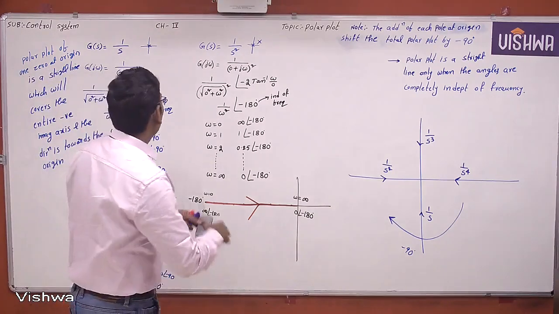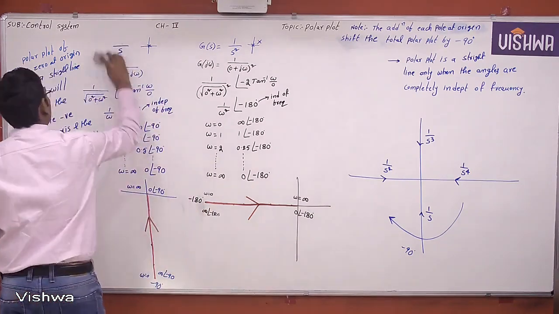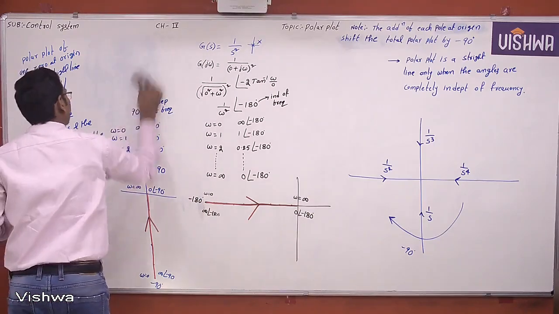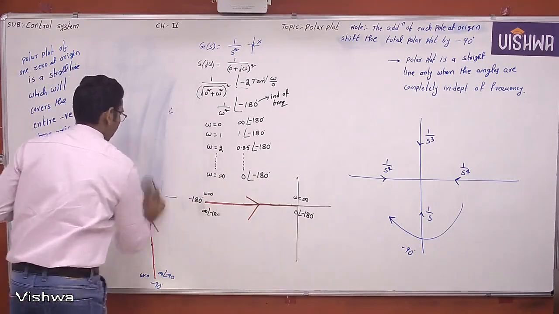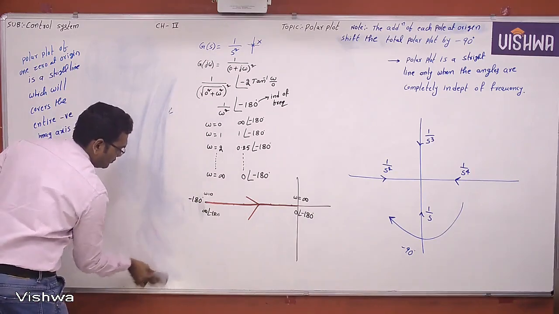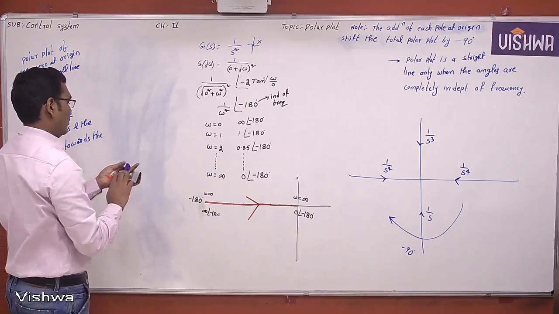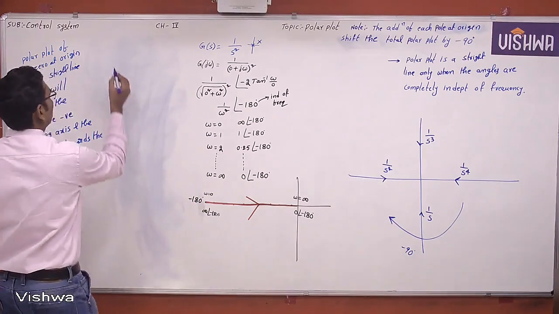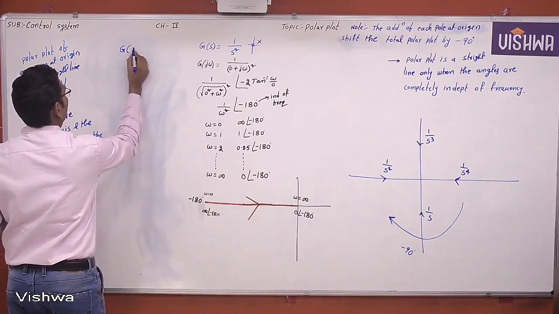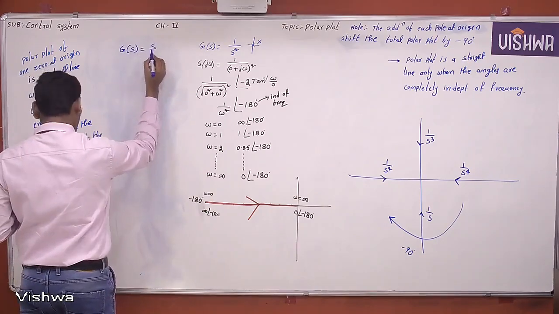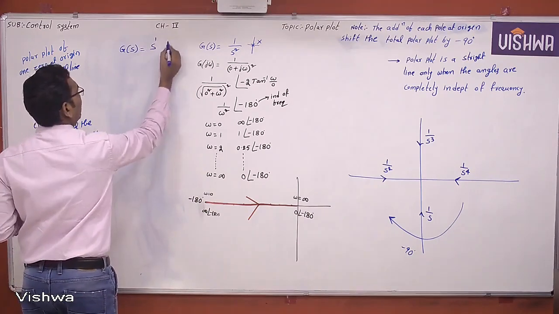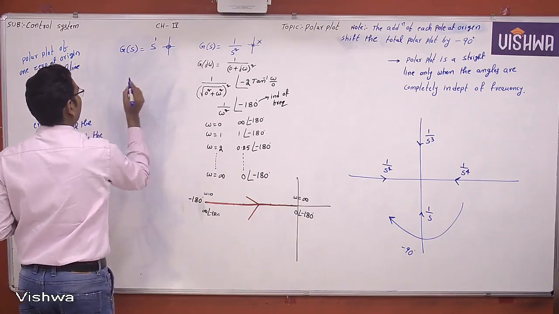Okay. Now similarly, can we do it for this? Now G of s equals s, one zero at origin.